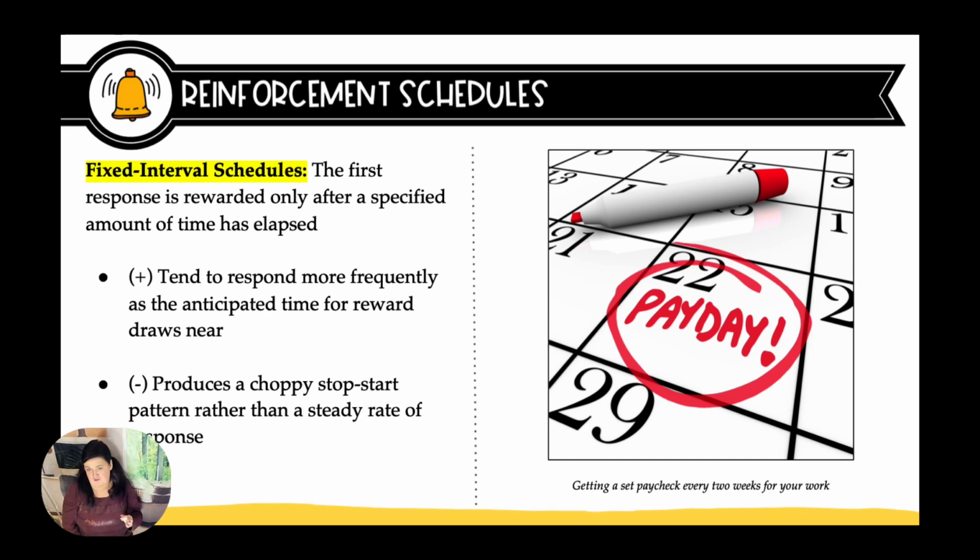So studying, for example, for an exam, waiting to study for a test that's going to happen on Friday, right? Because your teacher gives you a test every Friday. It doesn't matter, does it, if you study Monday for 20 minutes, Tuesday for 20 minutes, Wednesday for 20 minutes, and Thursday for 20 minutes, right?